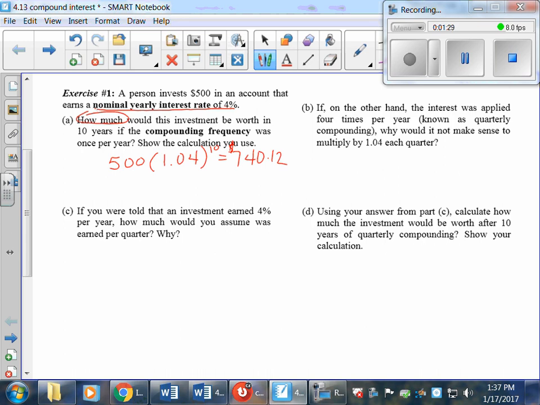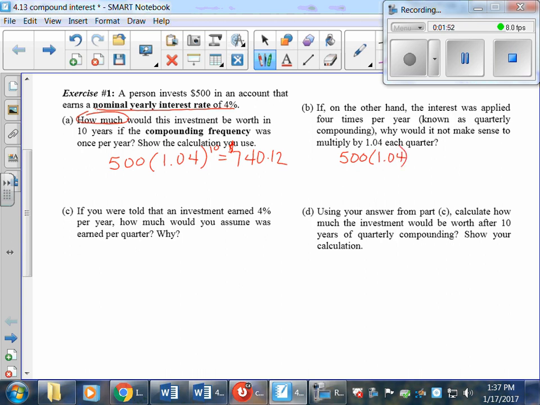B says, if on the other hand, the interest was applied 4 times per year, known as quarterly compounding, why would it not make sense to multiply by 1.04 each quarter? Well, because if you think about what we just did, we did 500 times 1.04 raised to the 10th power.